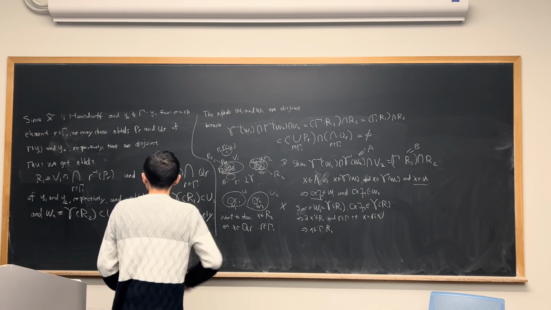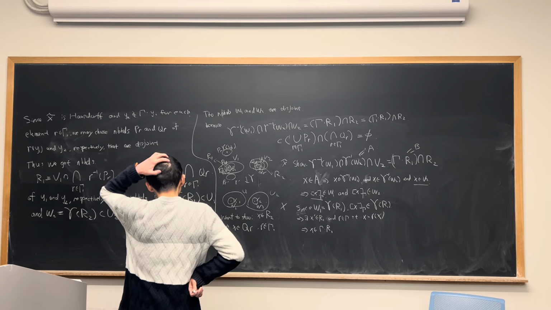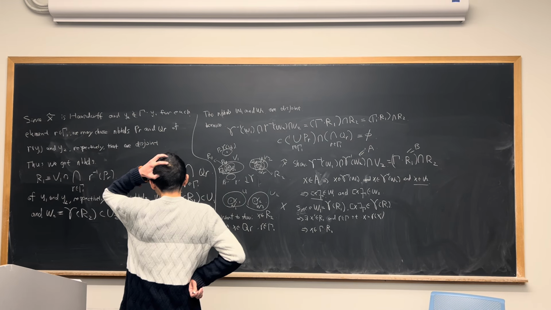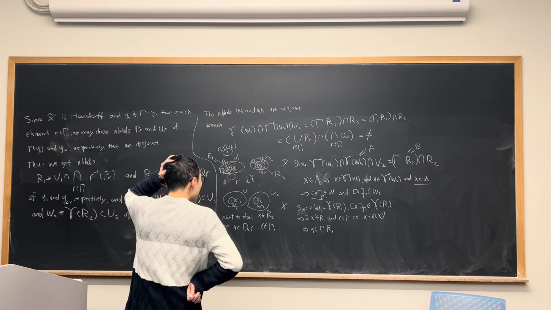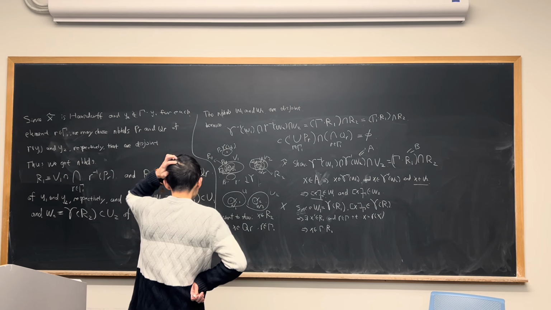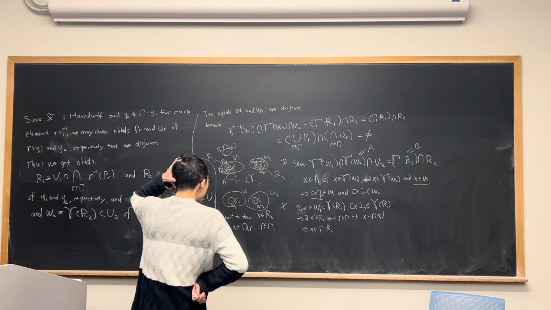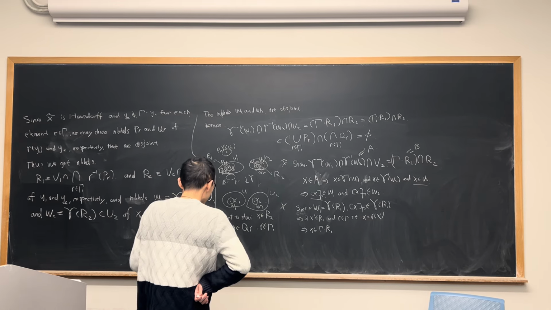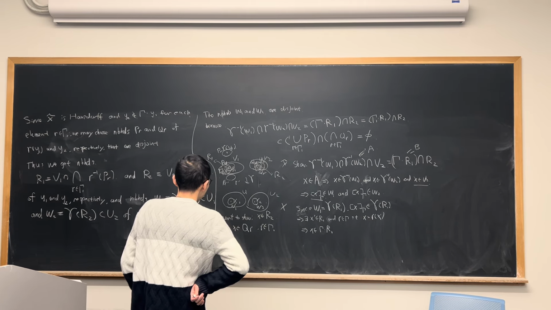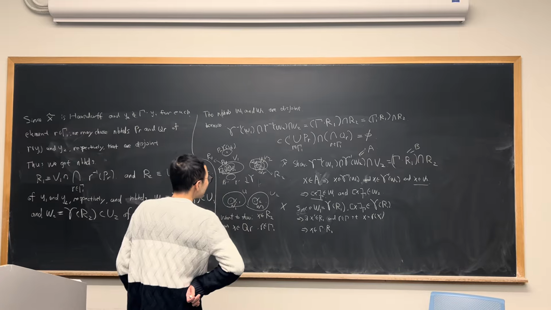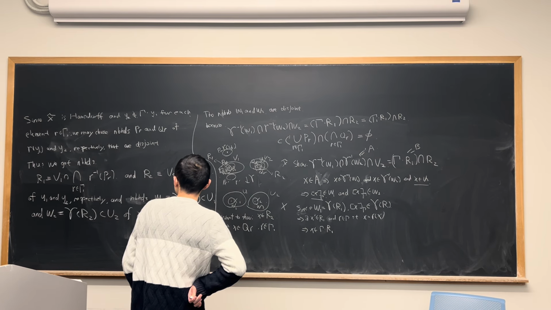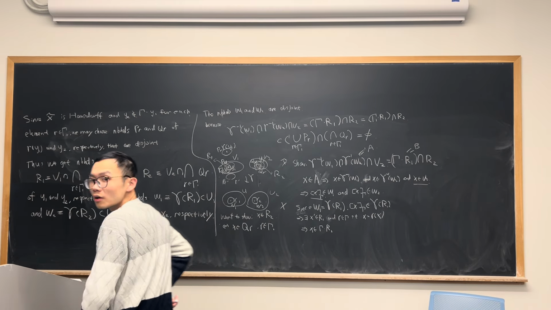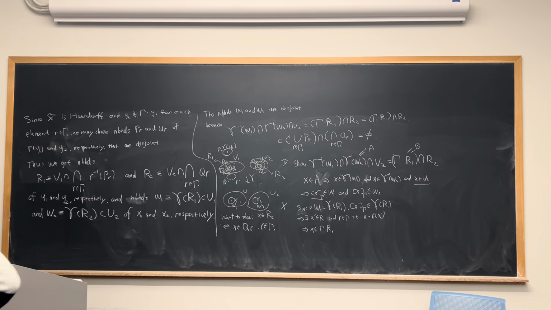Okay, so why is this true? Why is x in this QR?